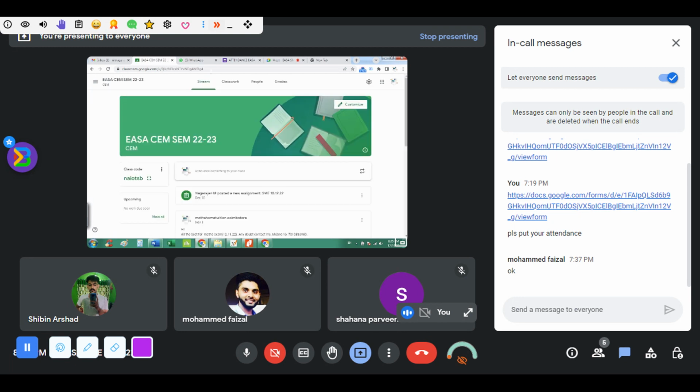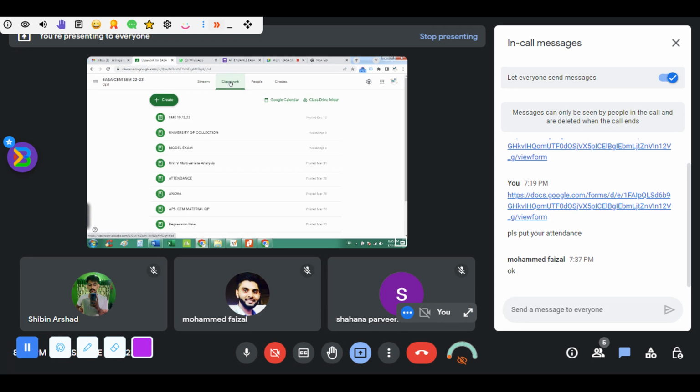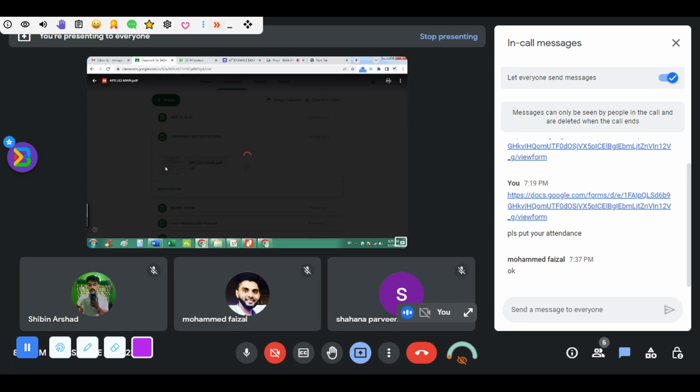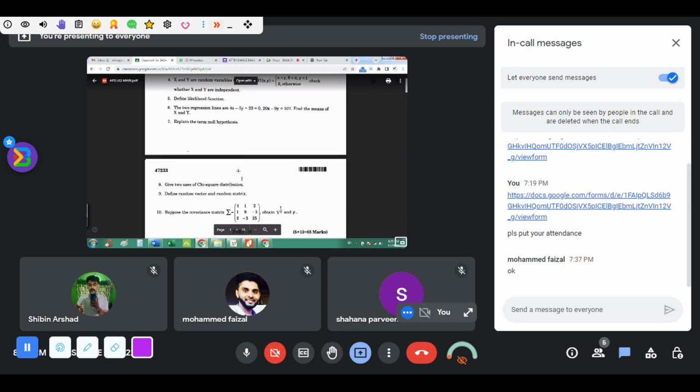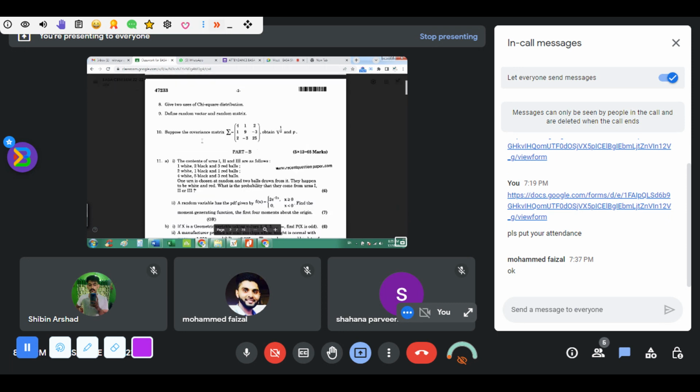Maybe those who joined, please check all days. A university question paper collection is there. APS main, APS or SME, both the 15 units are the same. That's why I am sharing here. You check the 9 or 8. Here: covariance matrix, point V power 1 by 2.